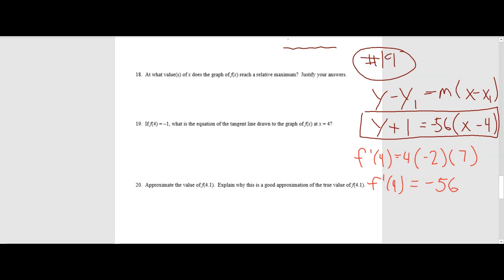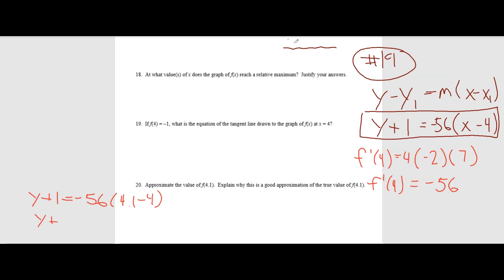So f of 4.1, I'm going to substitute into the equation for my tangent line. So y plus 1 is equal to negative 56 times the quantity 4.1 minus 4. Do some simplifying.